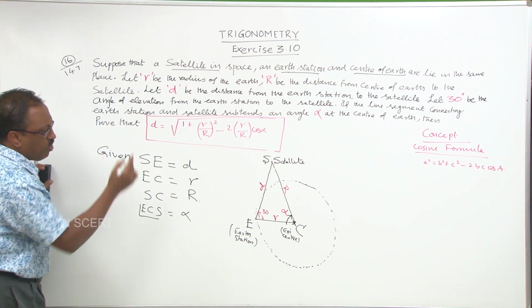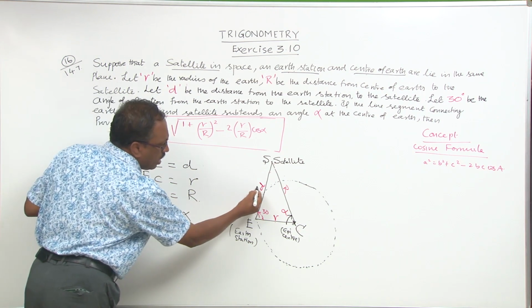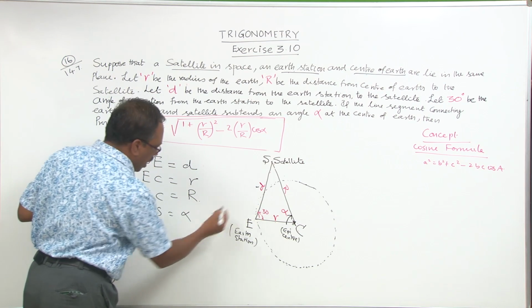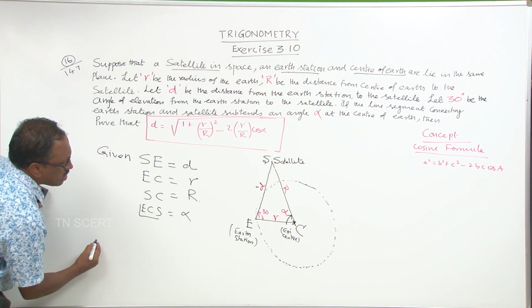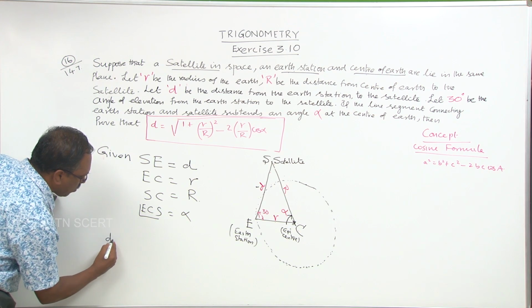But what is the cosine formula here? This is the side which I would like to calculate, that is nothing but SC, that is d square.